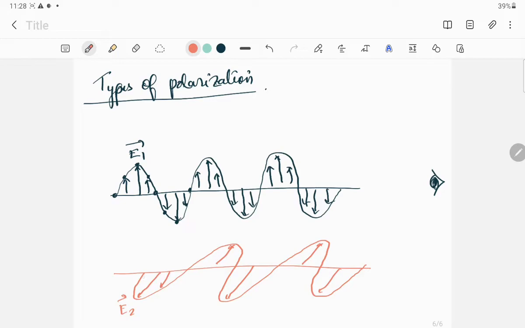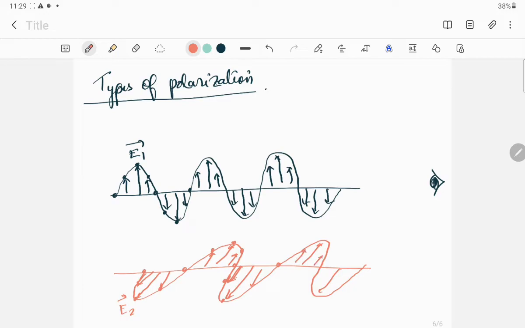Here again it is 0, then it increases, becomes maximum, decreases, again becomes 0, and so on. This way it is oscillating.